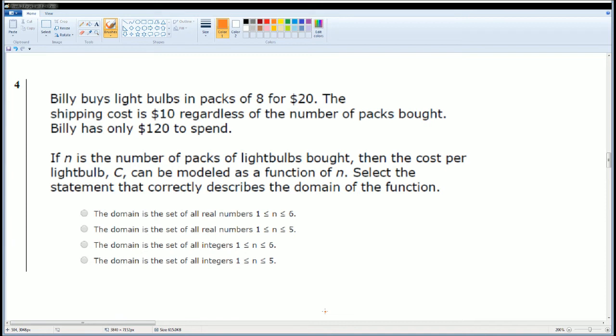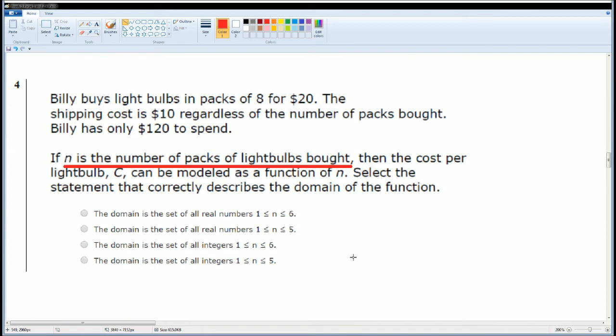All right, so the domain of the function is what you're plugging in. And what we have here is that it literally says that N is the number of packets of light bulbs that can be bought. Okay. So these are physical numbers, right?